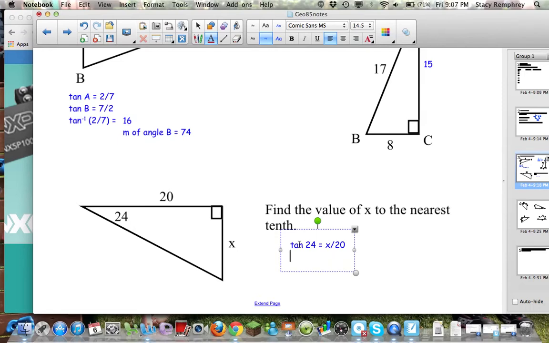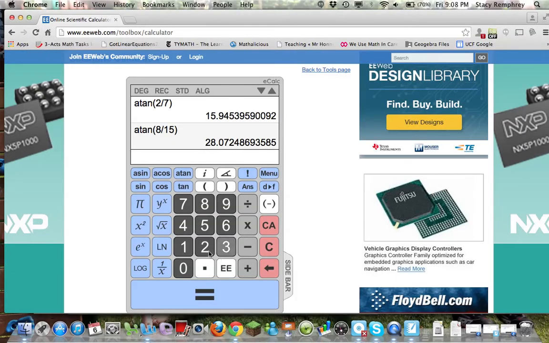You can solve this by multiplying both sides by 20. In my calculator, I would type 20 times the tangent of 24, and I'm going to get that the side is about 8.9.